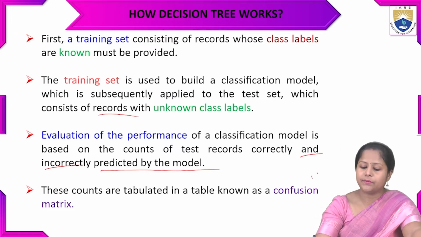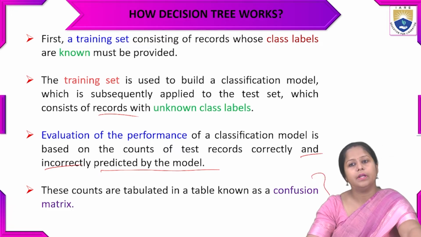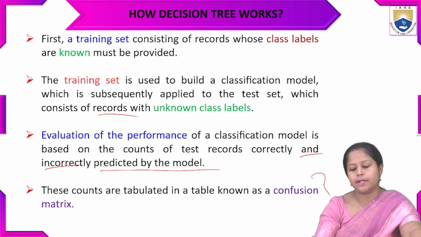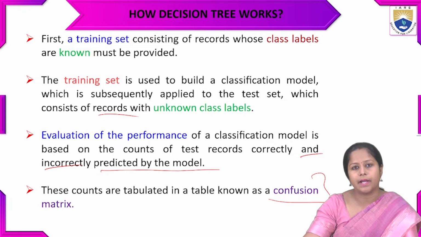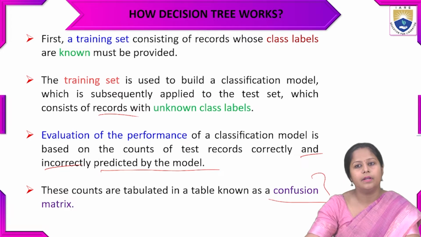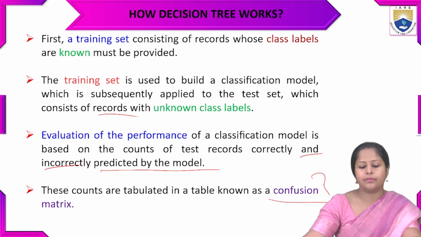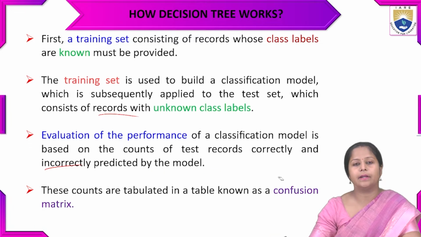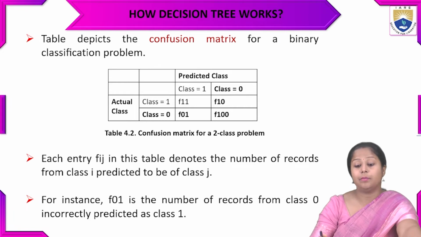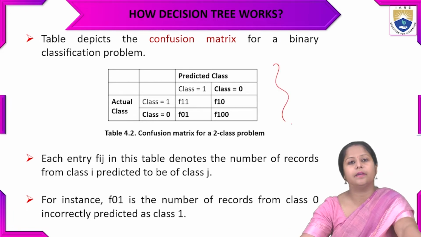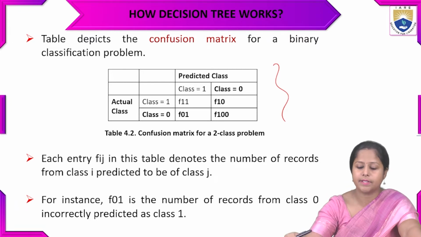These counts are tabulated in a table that is known as a confusion matrix. The table has the incorrectly classified and the correctly classified class labels. In this table we can see how the confusion matrix looks for a binary classification problem.